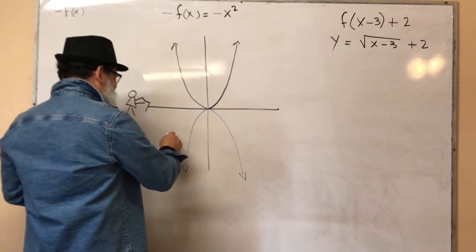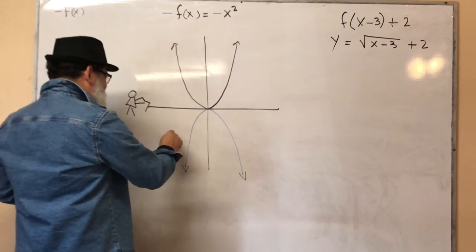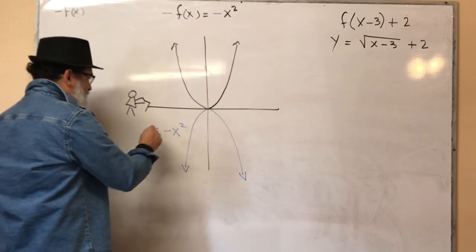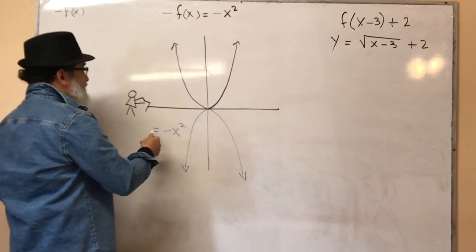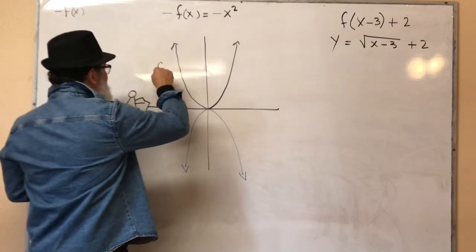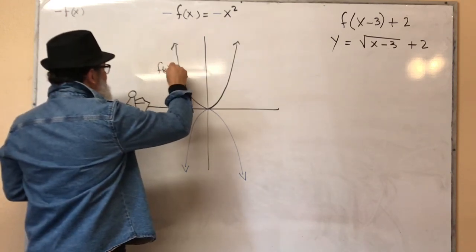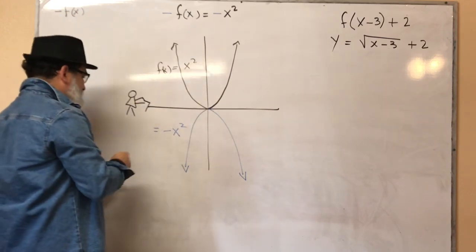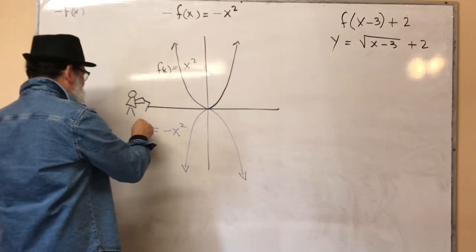Note, this is negative x squared. If this is f of x equals x squared, this must be negative f of x.